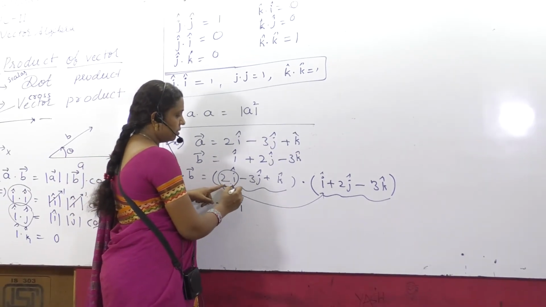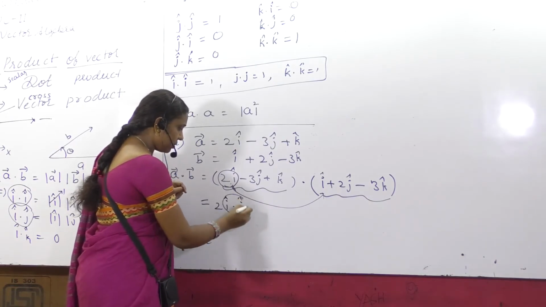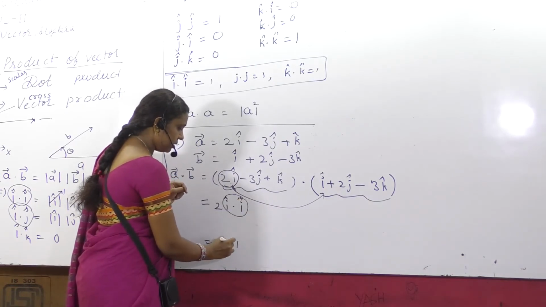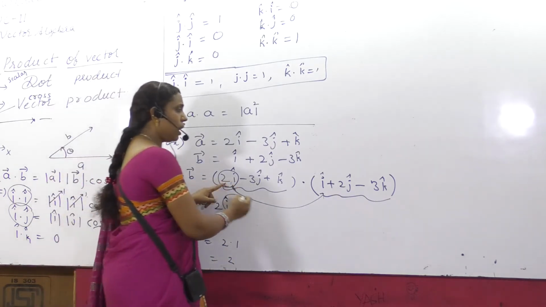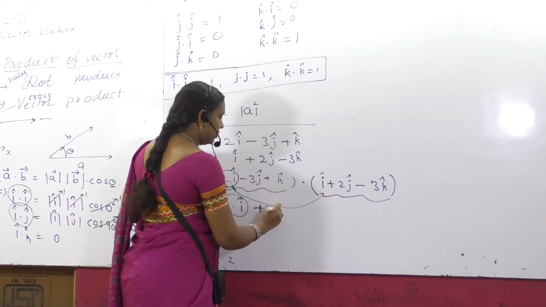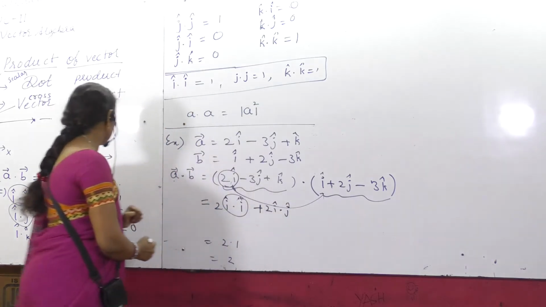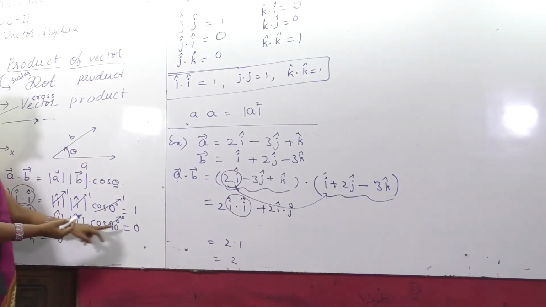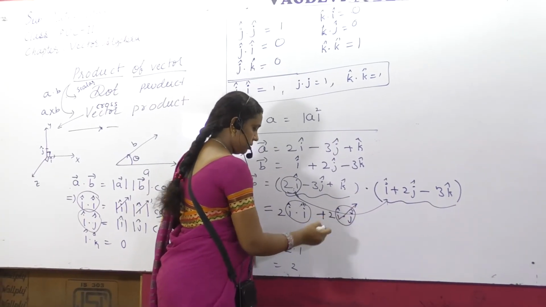Next. What will be the answer here? i dot i is equal to 1. Correct? This is 2 into 1 equal to 2. Next, plus 2i dot j. But as you know, i dot j is equal to 0. 0 into anything is 0.